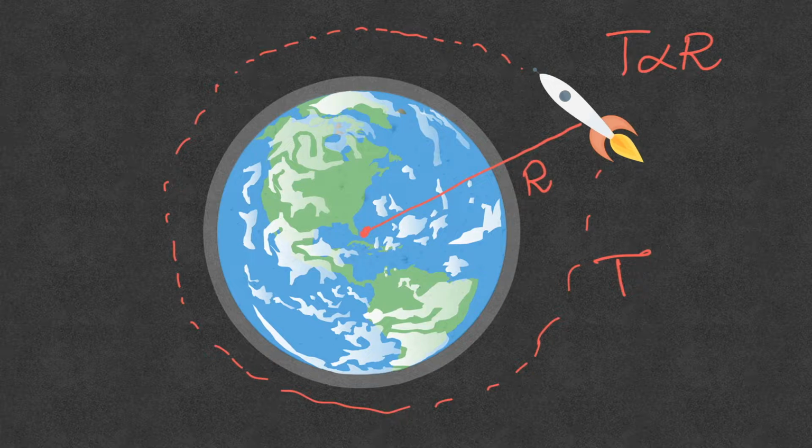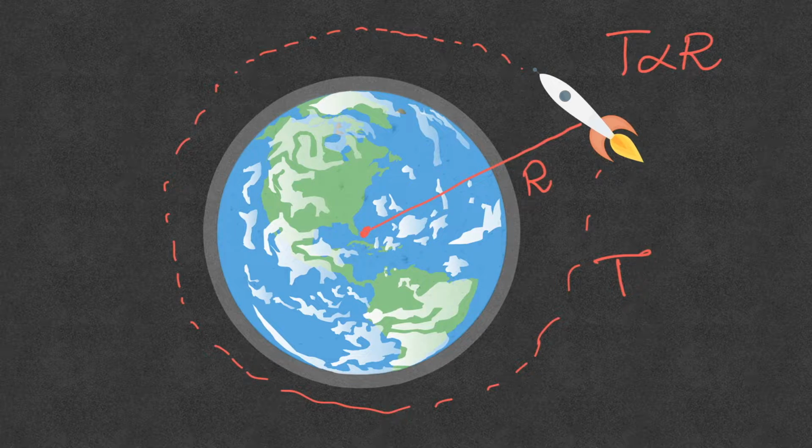Basically, what I mean to say is that the larger the radius, if you increase the size of the radius to, let's say, here, then obviously you'd be making a larger circle. And if you're making a larger circle, which means you're traveling more distance, it should take you more time, doesn't it?